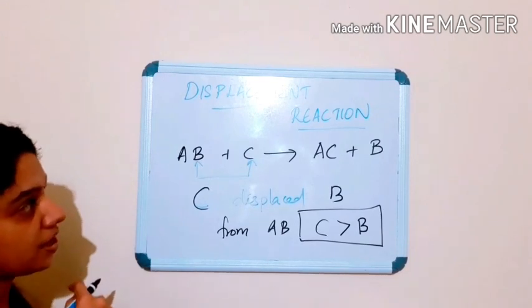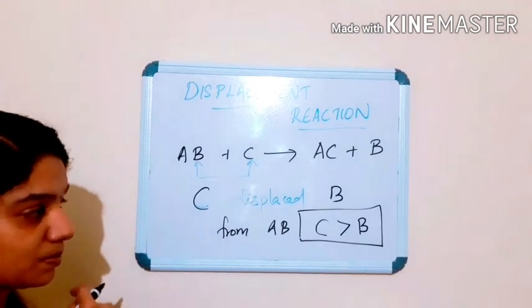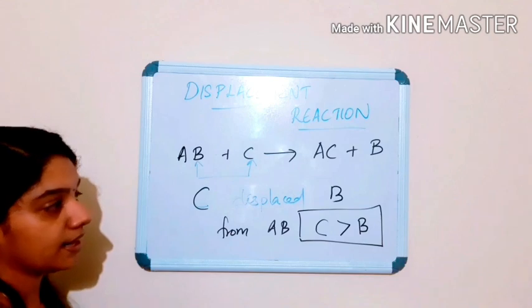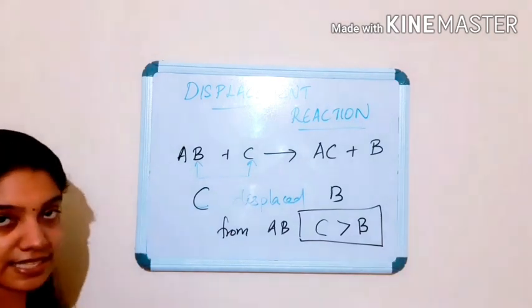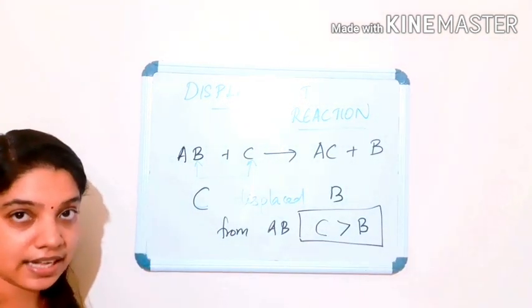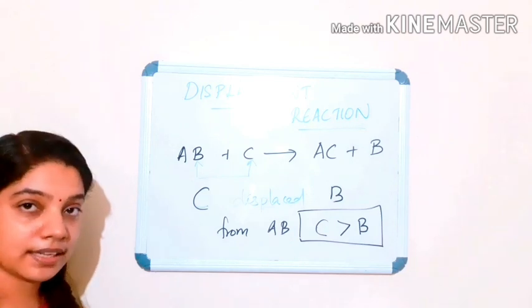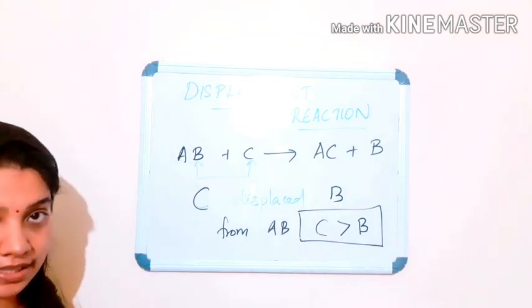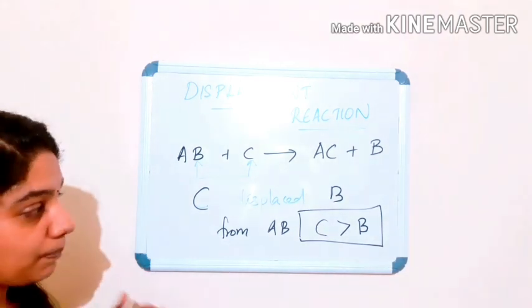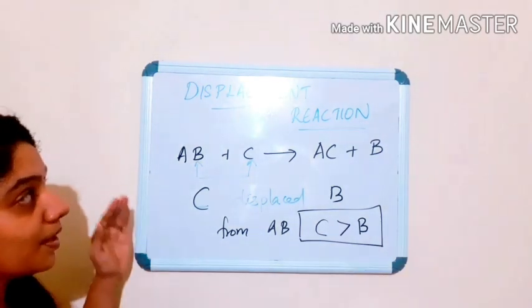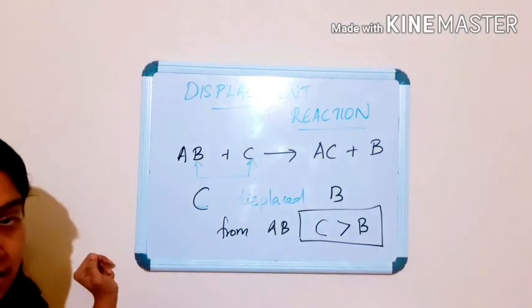This type of reaction we call the displacement reaction. We studied the reactivity series of the metals in the last class, so we know which metals are more reactive and which are less reactive. Depending upon that, we can study more about the displacement reaction.